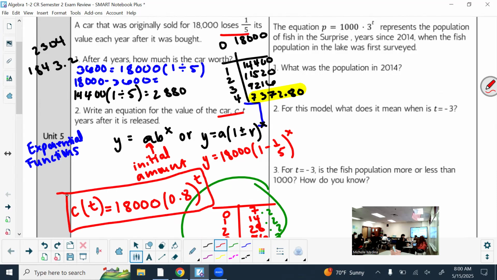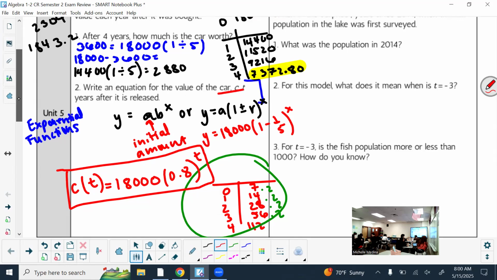You might even be able to just put C equals 18,000 times 0.8 to the t, not do the function notation. But it needs an equation, so you have an equal sign. It needs to be something that when I plug in whatever time frame they want, like in part 1, they wanted after 4 years, it needs to give me that value that we said.